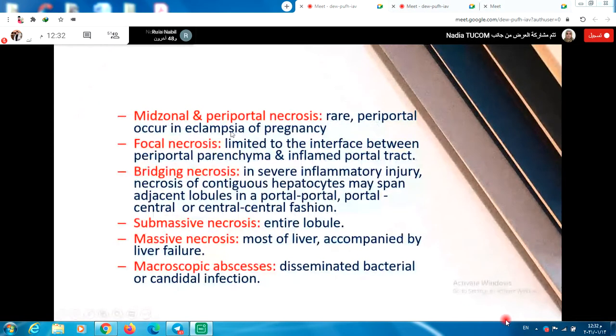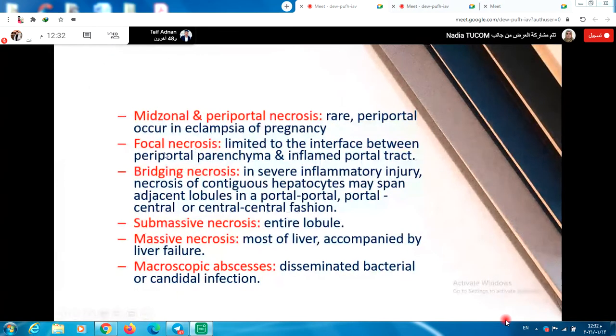Rare periportal necrosis occurs in eclampsia and pregnancy. Hepatic injury in pregnant women can be severe and acute because of lowered immunity in pregnant females.